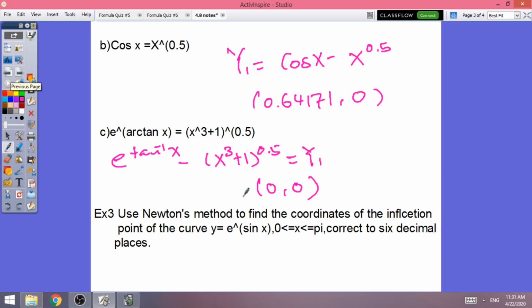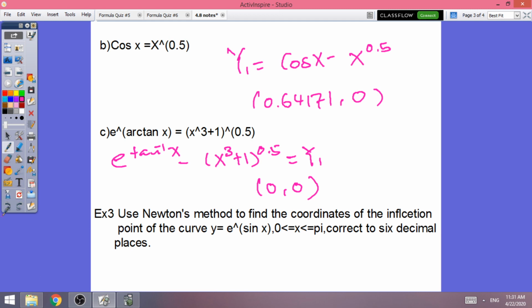Okay, so now let's put in y equals e to the power of sine of x. Now this one you've got to be really careful with finding the point of inflection. So back to the definition of point of inflection. That means we need to set the second derivative equal to 0. So basically we need to find the x-intercept of the second derivative, not the original function.